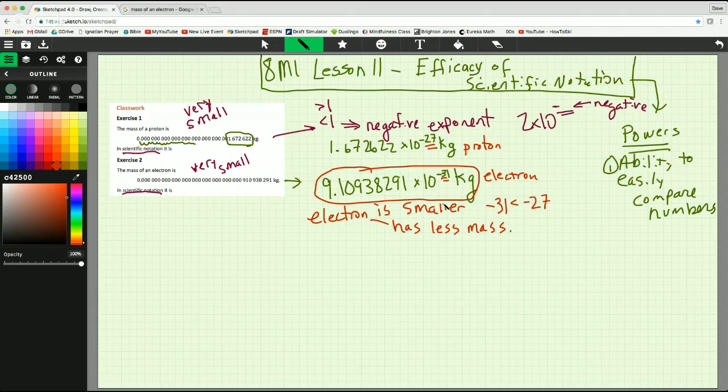Okay, so now we want to know about how many times smaller. Well, the way that you find that is you just divide.